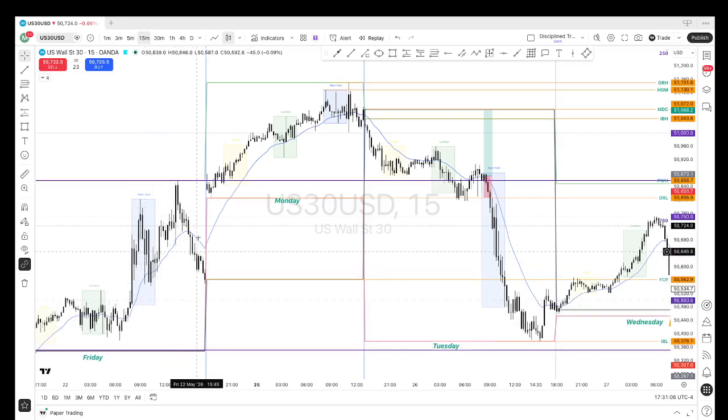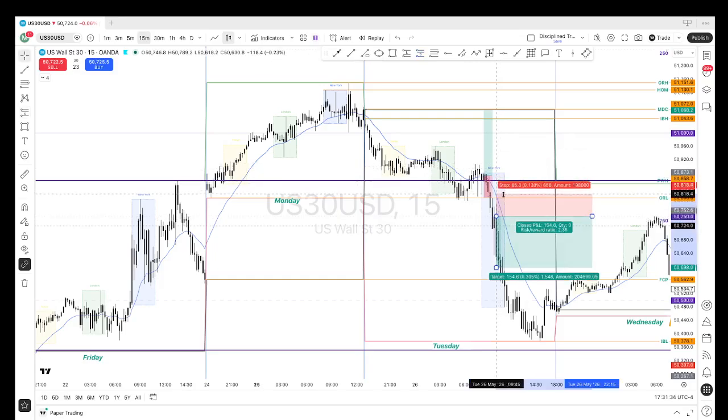So 1, 2, 3 levels of rise. That means exhaustion in the market, consolidation, break below, retest on the lower time frame for the 9:15 entry. Or if you want to stay on the 15-minute, cool. 9:30 pin bar, entry at the quarter level, 50,750. Stop loss at the nearest bank level, which is Monday's low.